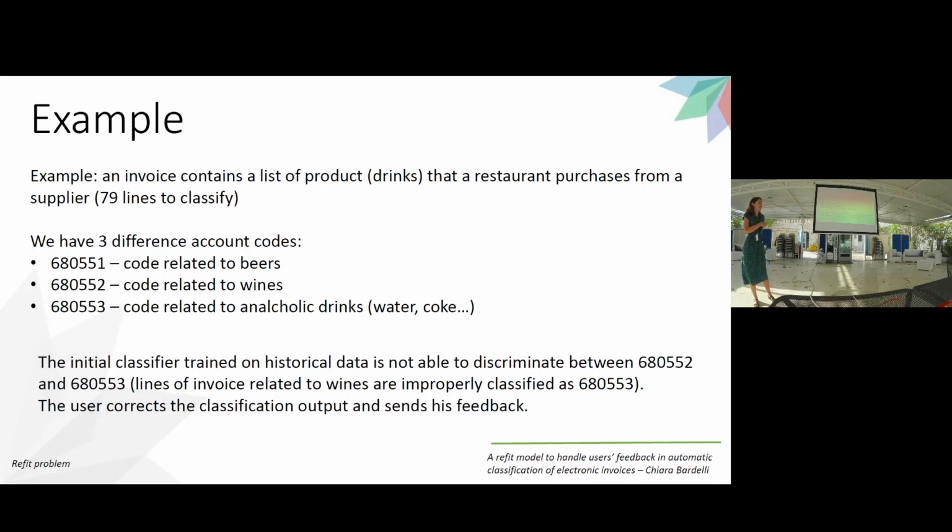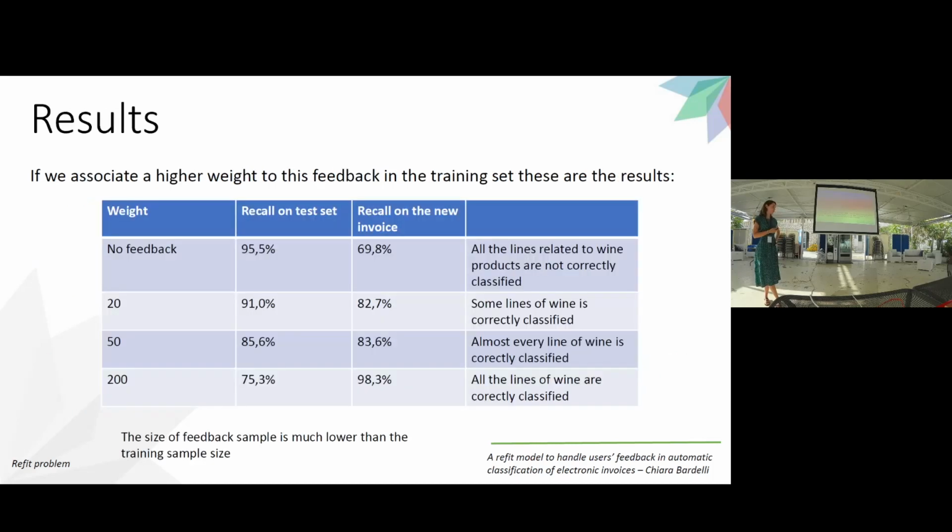Unfortunately, since these codes were not so frequent inside our training set, the original machine learning classifier wasn't able to discriminate between these last two codes. So the officer sent us back his feedback with the correct data, and we included this data with a higher weight inside our model.